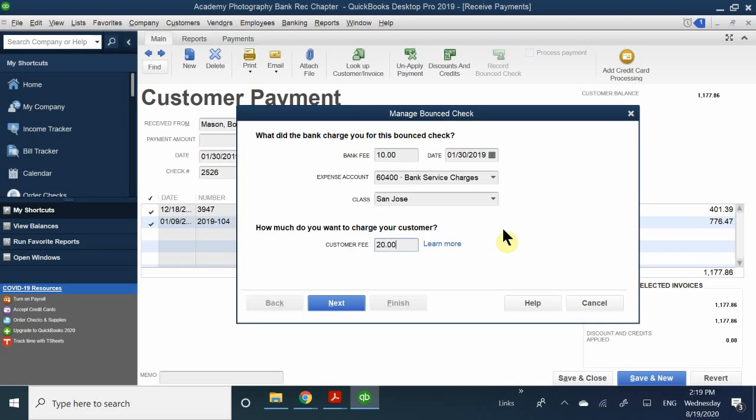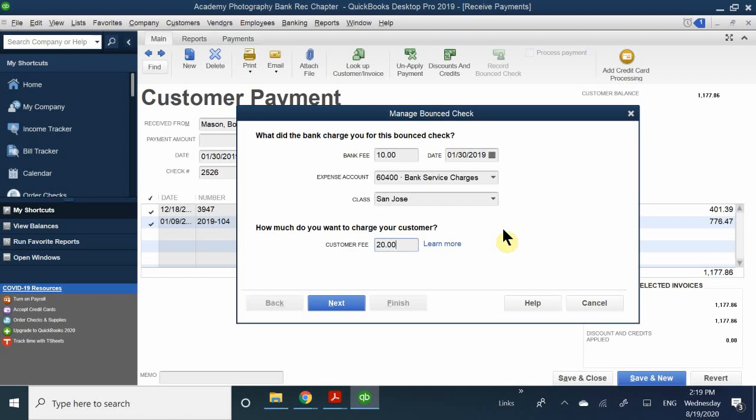All right. So we're going to charge Mr. Bob Mason $20. Why? $10 to cover the bank fee, and $10 because that penalizes him. Because one, you're paying late. Two, you wrote me a bad check. Three, I'm mortified because you owe me $1,000 and I don't get a penny of it.